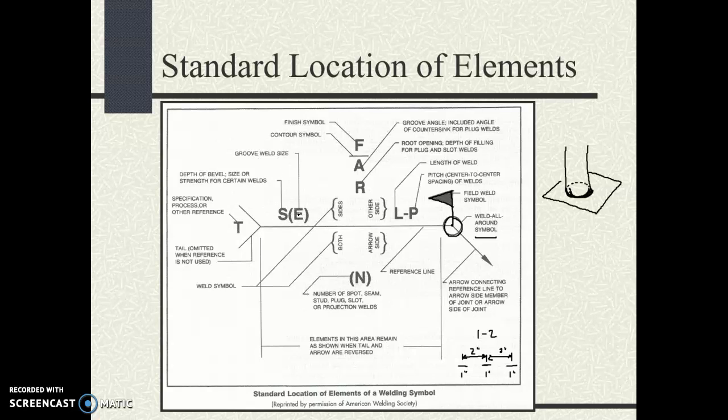And then the groove size here. So you'll see some numbers to the left and to the right of our symbol. You may also see some symbols above our weld symbol, indicating maybe it needs to be ground flush or something to that effect, what type of finish needs to be done to the weld after it is applied.